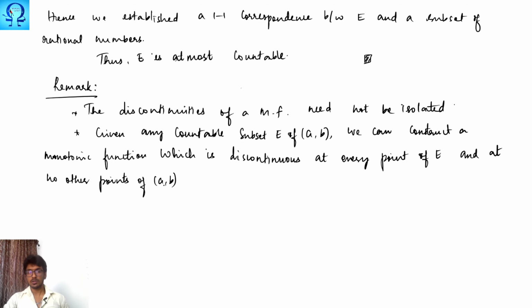So what they are trying to say is that you can always construct a monotonic function which is discontinuous at the points of that countable set only. At all other points it is continuous. That is what they have given as a remark.